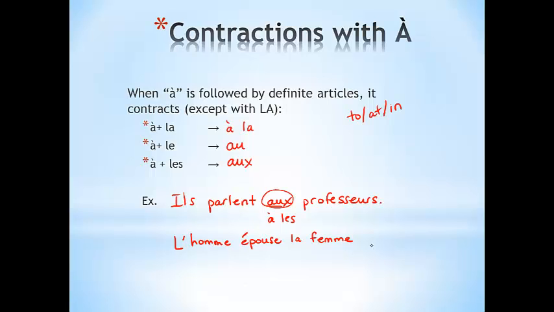So there isn't going to be any contraction. So à l'église. Because this is really la, but because we have our vowel here, remember that we dropped the a and put an l apostrophe. So à la, no contraction. L'homme épouse la femme à l'église.